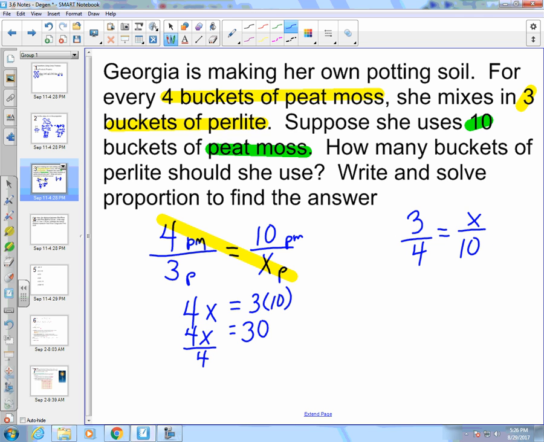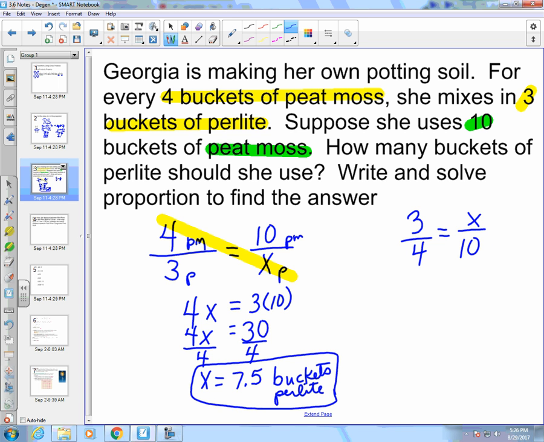Then let's divide by 4 on both sides. x is equal to 30 divided by 4, and if you want to use your calculator, you sure can: 7.5 buckets. Buckets of what? Buckets of perlite. Since we have 2 different kinds of buckets, perlite and peat moss, make sure you put perlite on there.